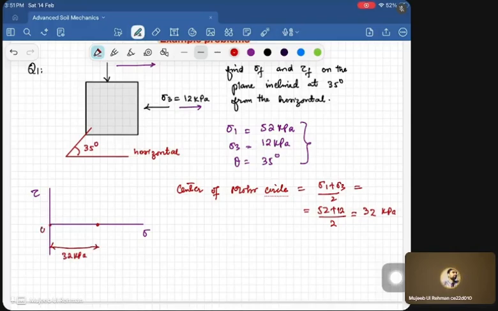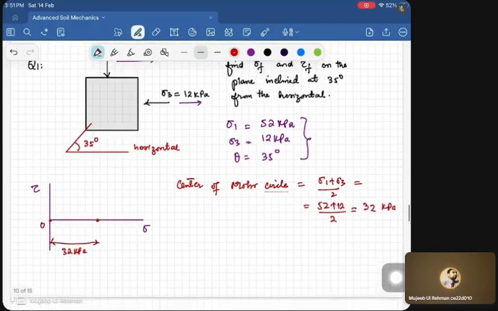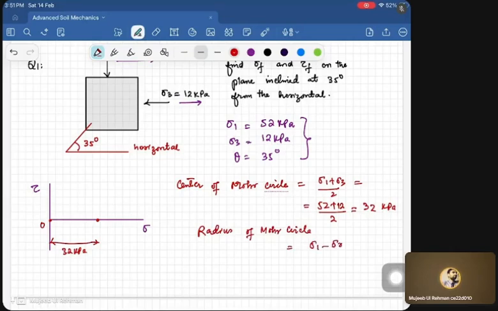This is the origin. Now if we know the center, we also need the radius of the Mohr circle. The radius of the Mohr circle is given by sigma 1 minus sigma 3 divided by 2. What is sigma 1? 52.